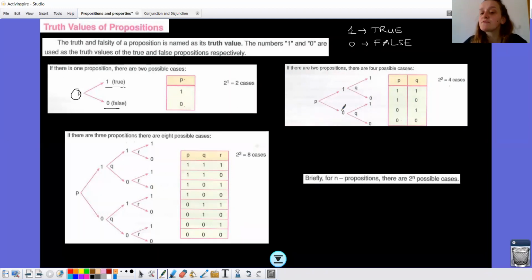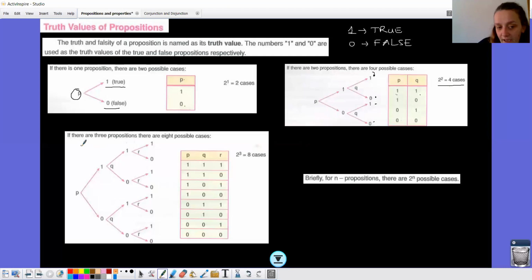And if the first one is false, again we'll have 2 possible cases. At the end, how many possible cases will we have? 4 possible cases: both of them true, first one true and second one false, first one false and second one true, or both of them false. So if we have 2 propositions, we'll have 4 possible cases, okay?